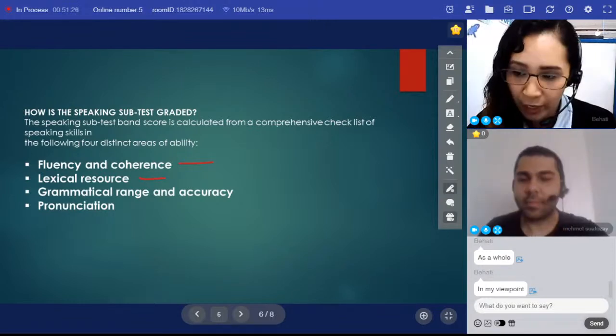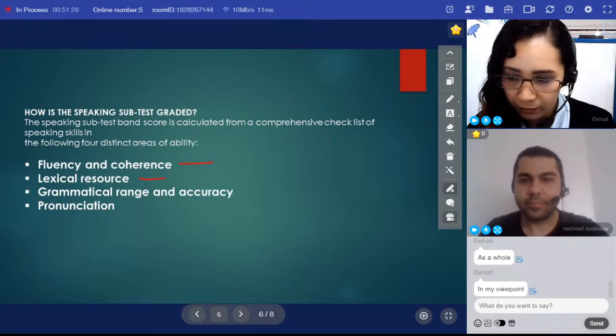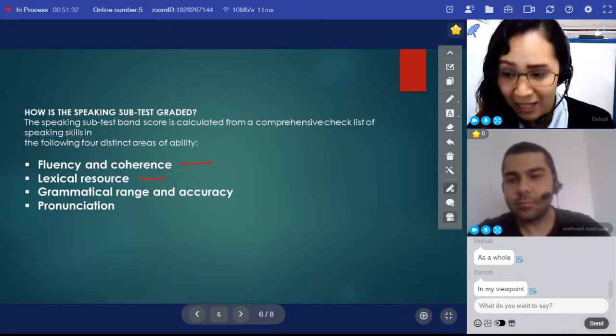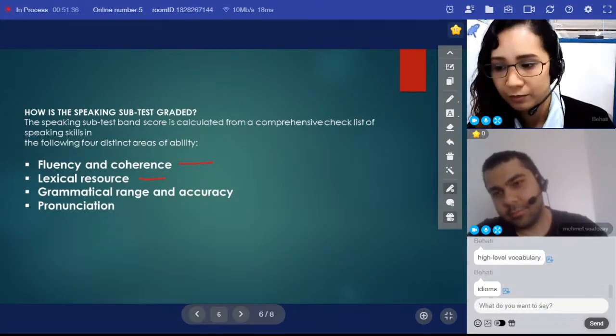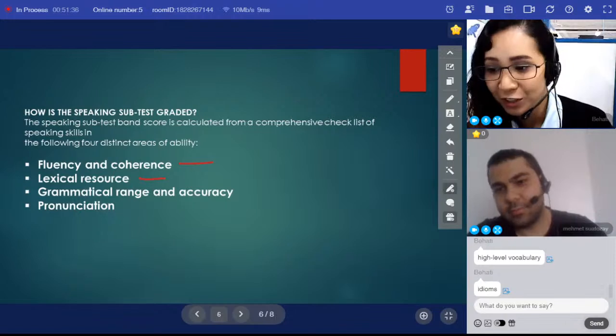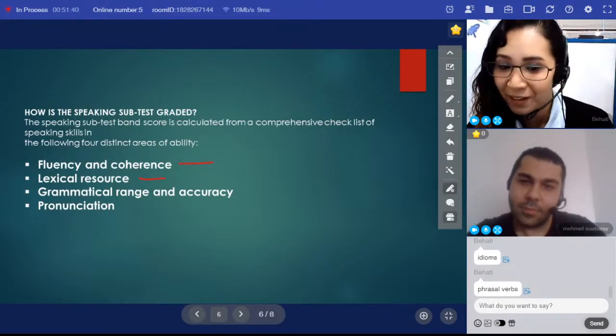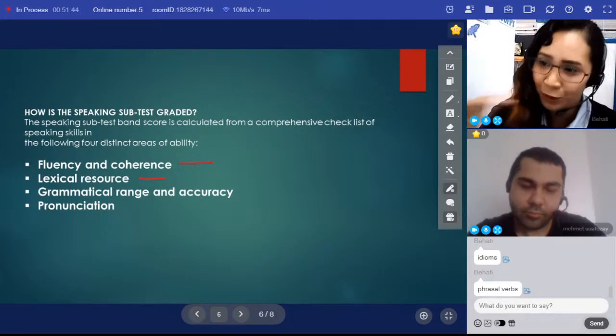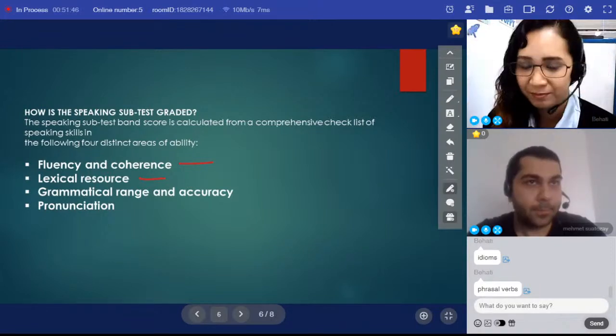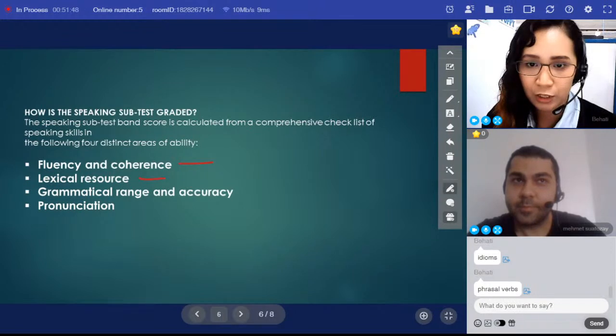So high level vocabulary, idiomatic expressions, phrasal verbs are good enough. They sound natural, casual, but they sound higher than the normal common word. Yeah, I couldn't find that yet.